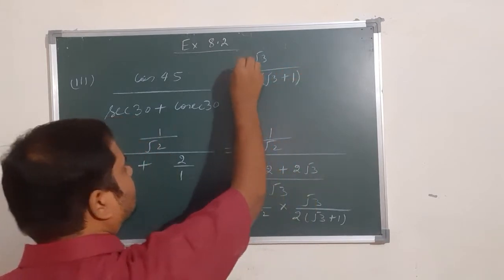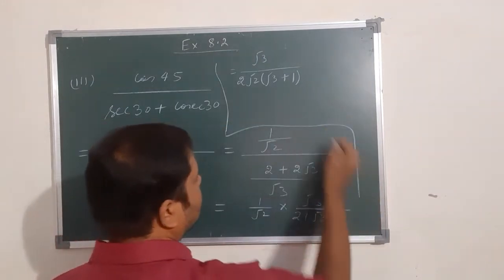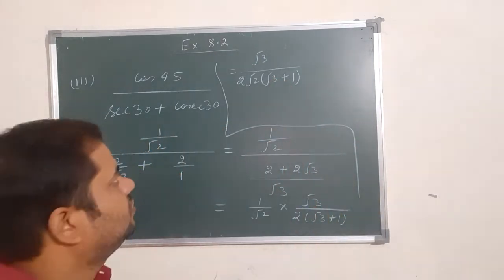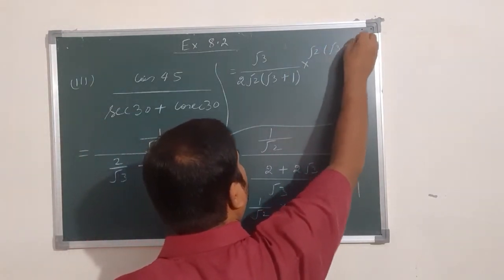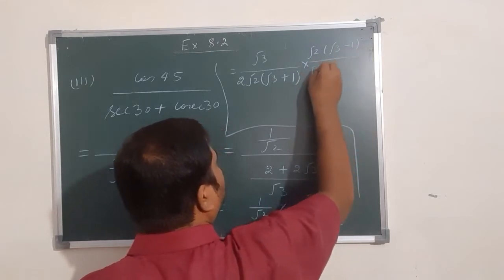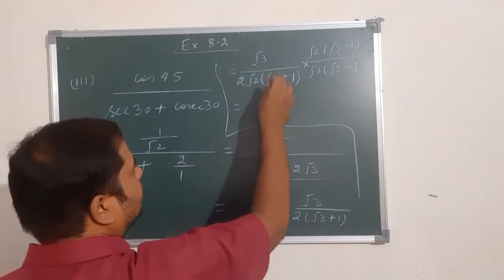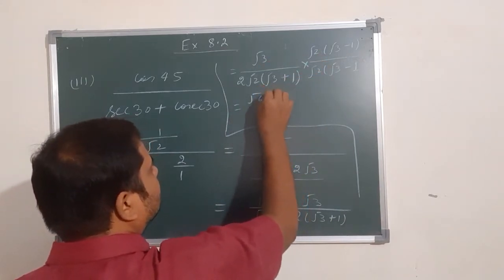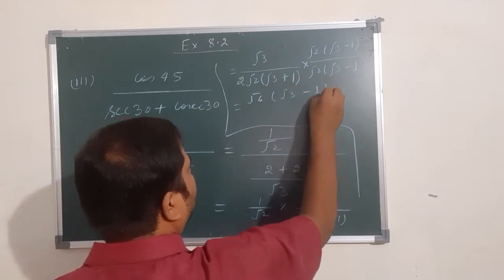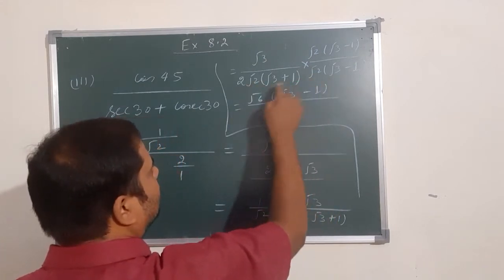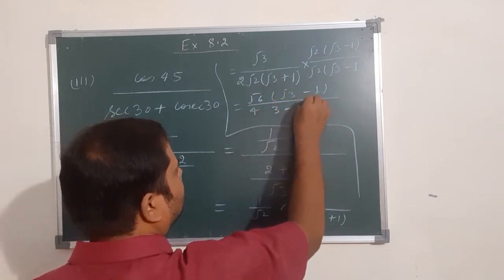So rationalization of denominator is needed here, because denominator is irrational number. So we multiply here root 2 into root 3 minus 1 and divided by root 2 into root 3 minus 1. And now we calculate it. This is root 6 and root 3 minus 1 and divided by 2 times root 2, 4, and this is 3 minus 1.